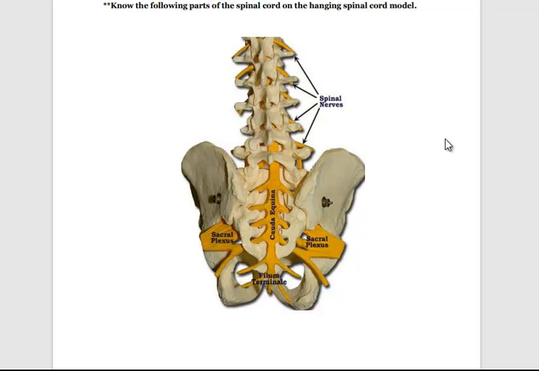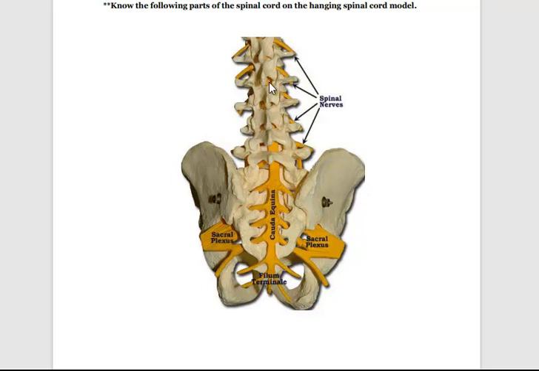So this is why it's important. If you hurt the spinal column, the spinal nerves from there on down don't work. So if you break your neck in the cervical region, depending on where you break it, you're either dead or you are quadriplegic. You're paralyzed in both arms and legs. And then if you break it lower down, then your legs are paralyzed.